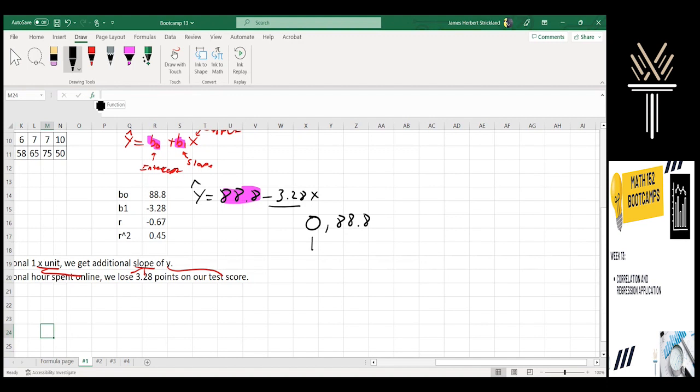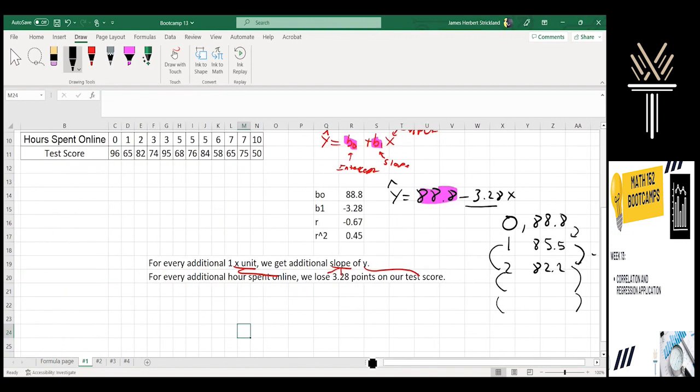And so let's just round that to 3.3. Your next score would be around 85.5. And then if I go another hour online, I would go down again by 3.28, making it something like, if I'm calling it 3.3, 82.2. And if you did another hour, another 3.28 loss, and another hour, another 3.28 loss.